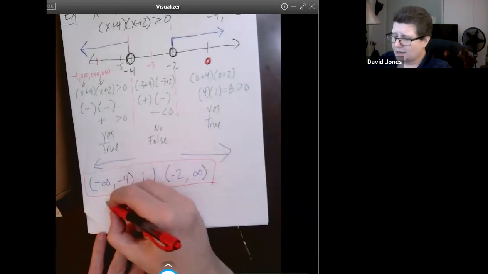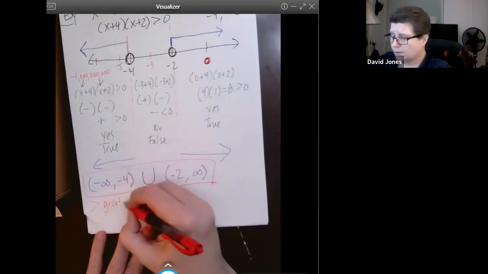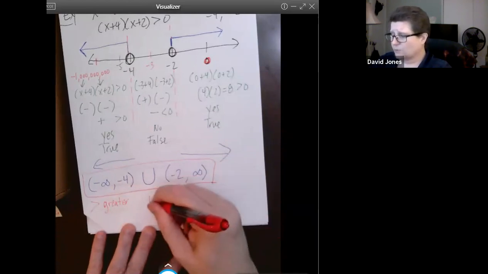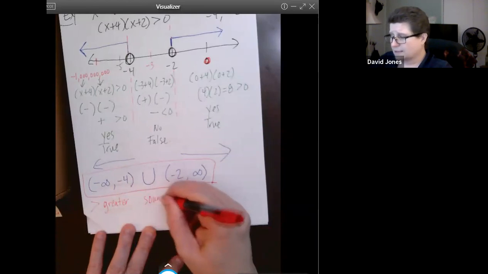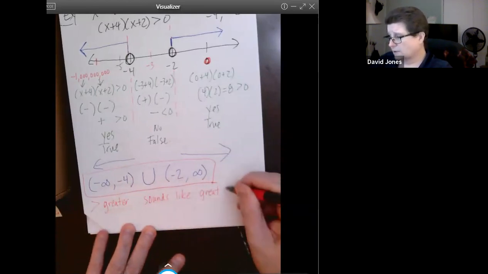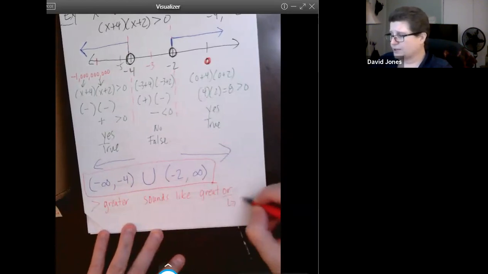Here I had the greater than sign, greater, greater. Sounds like or. Sounds like greater. And an or is 2 regions.